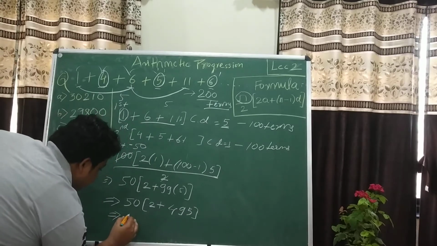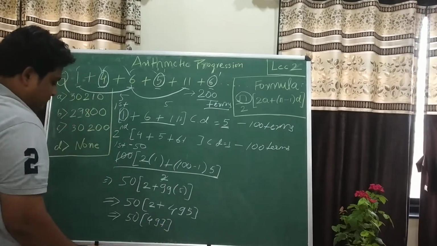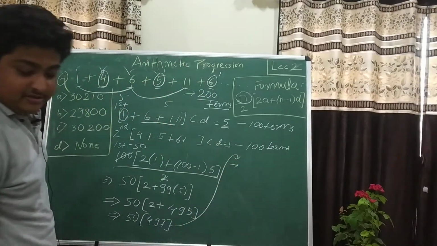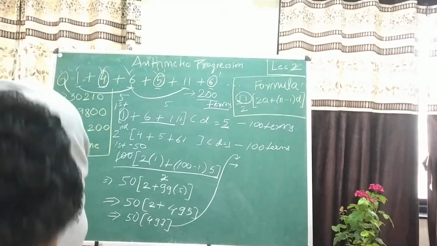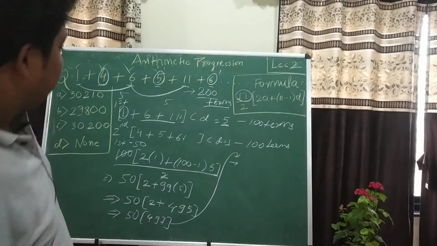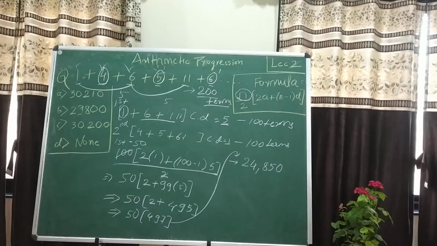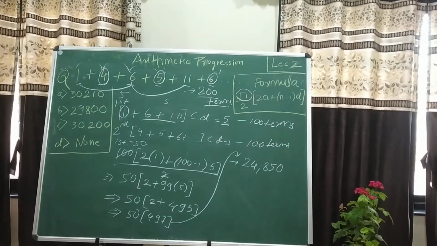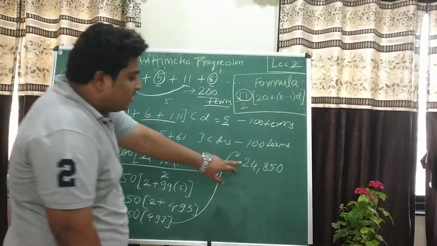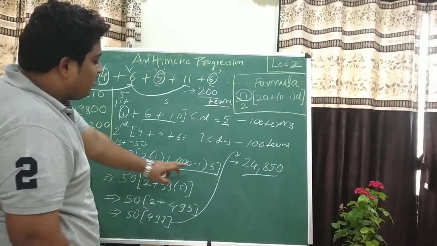So what we get is 50 into 497. The final answer is 497. The multiplication of 50 into 497 is 24,850. This is for the first series with the common difference of 5.